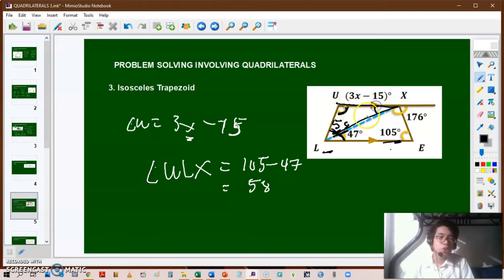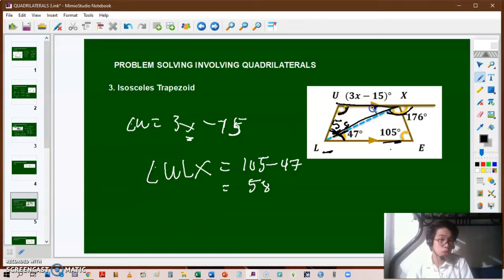So how do we find the measure of angle UXL? There's an angle adjacent to UXL, and that's LXE, and LXE measures 176 degrees. So how do we get the value of UXL in relation to its adjacent angle? We simply subtract from the measurement of a straight line.